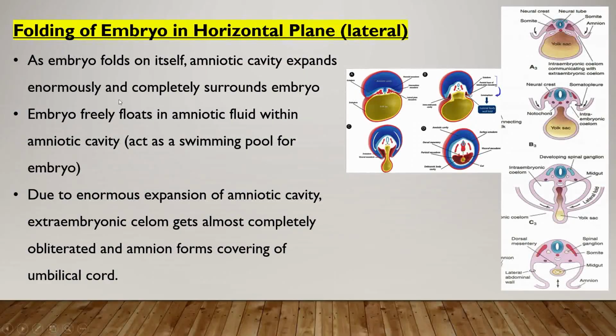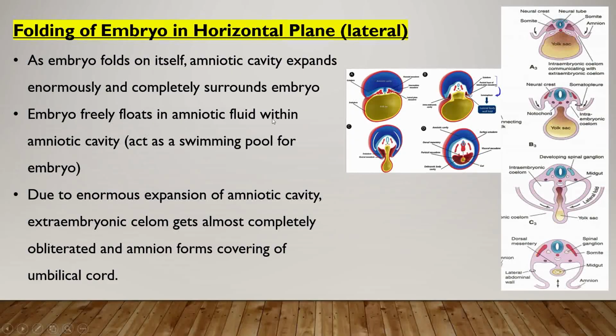Because of this lateral folding, as the embryo is folding on itself, the amniotic cavity expands enormously and completely surrounds the embryo. You can see here, this is the amniotic cavity and this is the yolk sac. With the lateral folding, this amniotic cavity is going to increase and increase so that it will completely surround the embryo. You can see here it has completely surrounded the embryo.